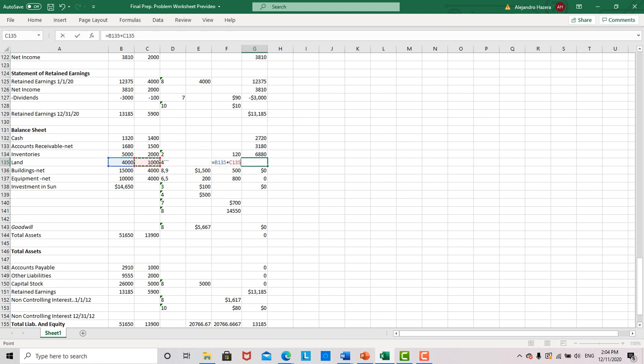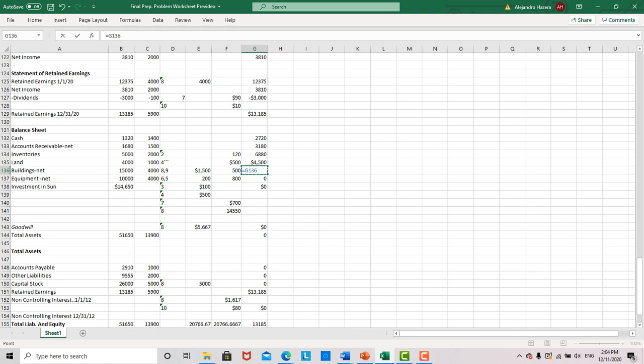Your buildings are 4,500, and that includes the net 1,000, which would be the 2 years of undepreciated building left going to next year.